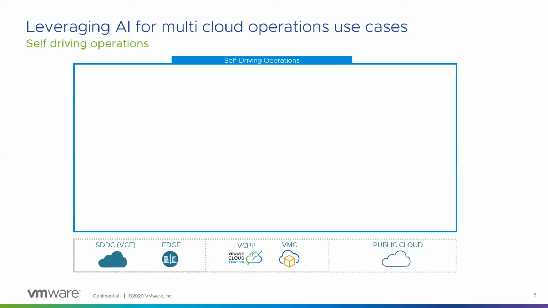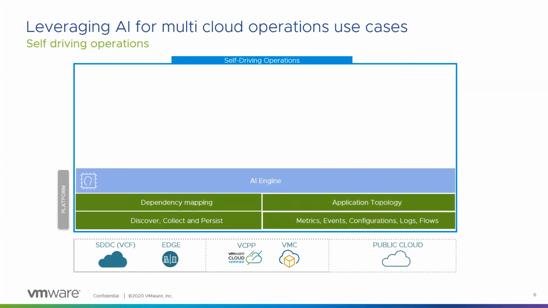So whether you're running on a VMware cloud environment or on an edge or data center, whether you're running in a VMware Cloud provider program or partner, or you're running in VMware Cloud on AWS, or if you're running in native public cloud, from all these environments the goal is to be able to discover, collect, and persist data, to be able to do dependency mapping, to be able to create a topology, and then capture metrics, events, configuration, logs, and flows, all of these resources, and feed that into the AI engine of vRealize Operations.